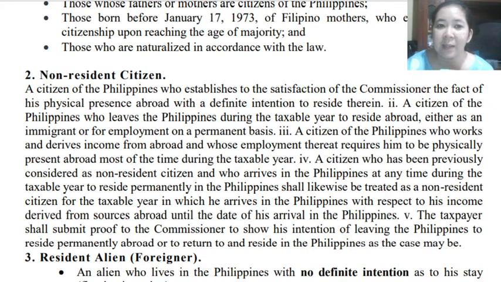But again, when we say non-resident citizen, you are a Filipino citizen, but you are temporarily residing in other countries.